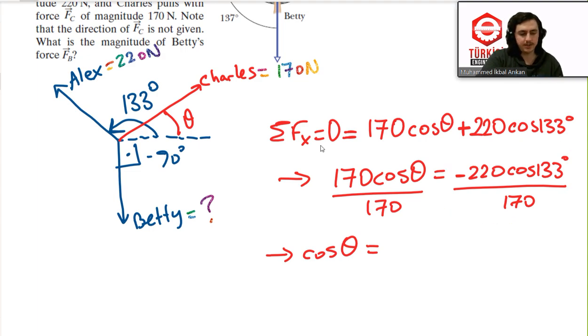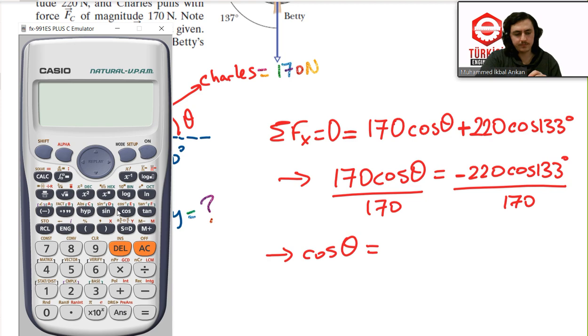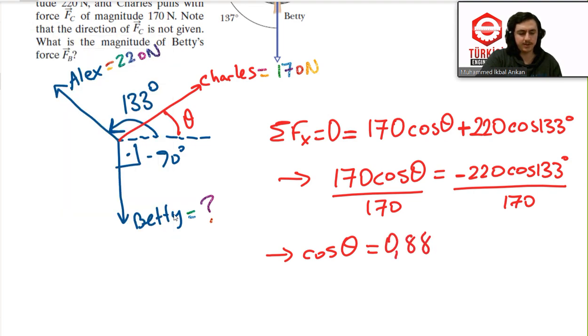So let's calculate it. Negative 220 multiplied by cosine 133 divided by 170 will give me 0.883. How can I calculate theta? Theta will be just arc cosine, so it is just the inverse of this.